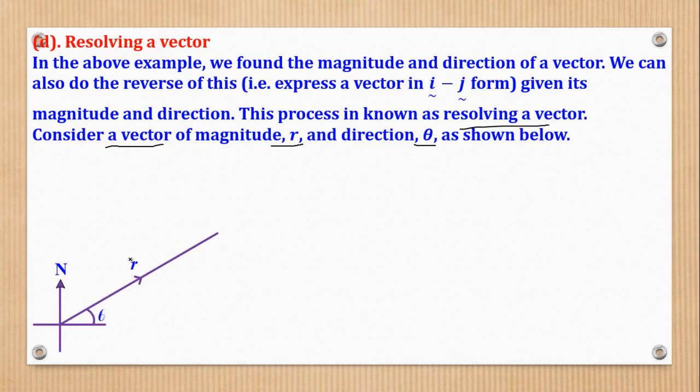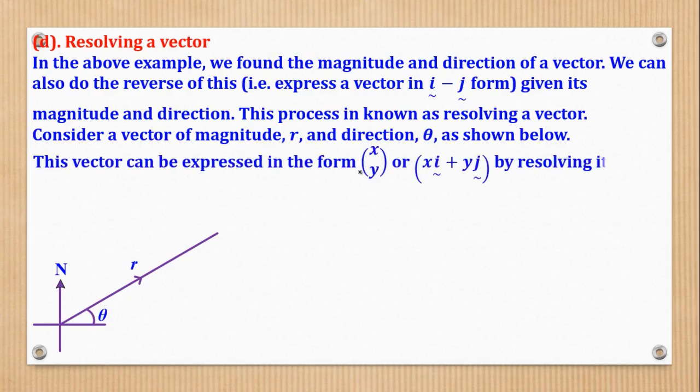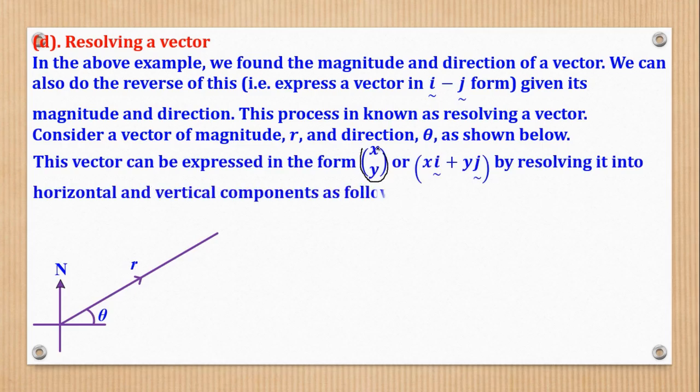So there's a vector r in the direction theta above the positive horizontal. So this vector can be expressed in the form (x, y) or xi plus yj by resolving it into horizontal and vertical components. So this is our horizontal and this is our vertical, as follows.